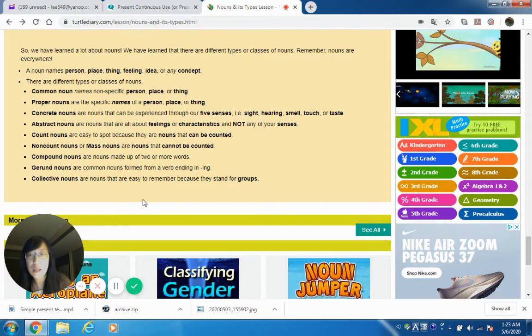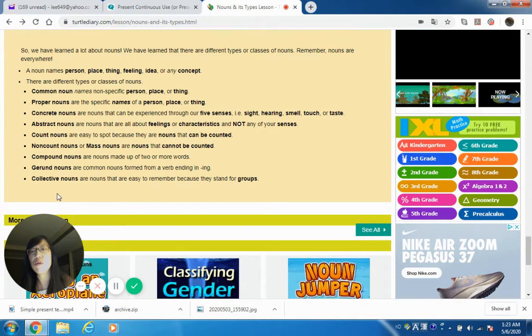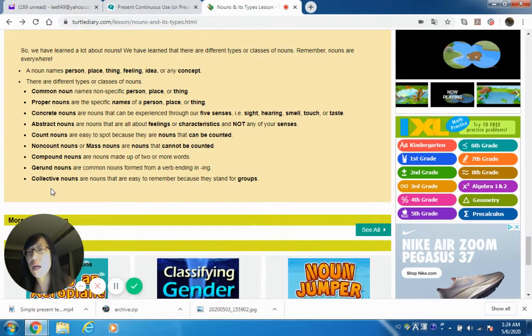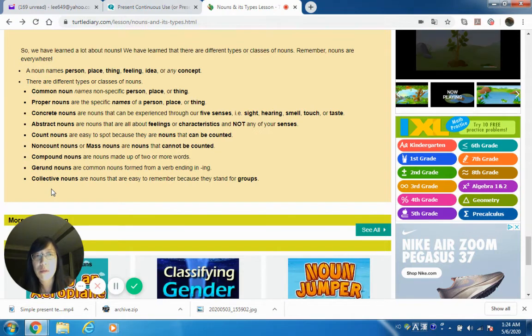But they are hard to use in a sentence in the simple present tense, because you have to choose whether to treat the collective noun as singular, that means family as one, or as plural, thinking of the 3 or 4 many people in the family, so therefore you treat it as a plural.